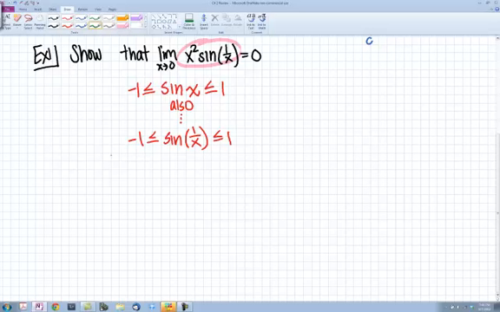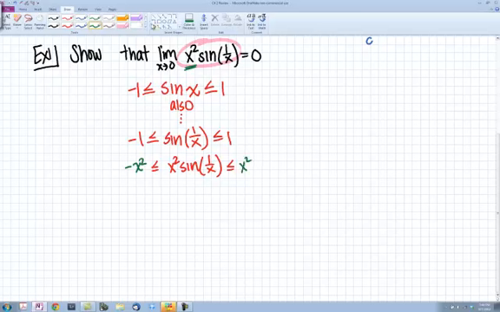So what I'm going to do now in this extended inequality is multiply each part of this by an x squared. So I'm going to have a negative x squared on the left-hand side, less than or equal to x squared sine 1 over x, and that's going to be less than or equal to a positive x squared.